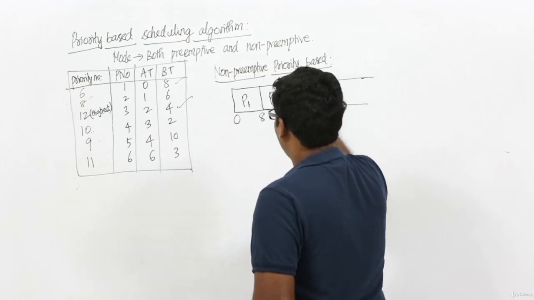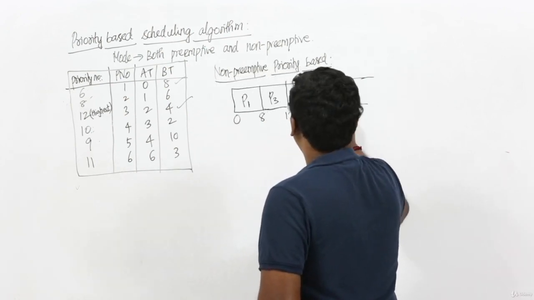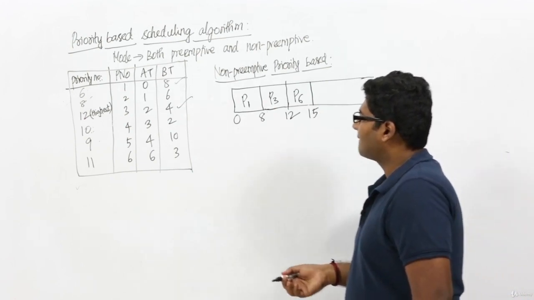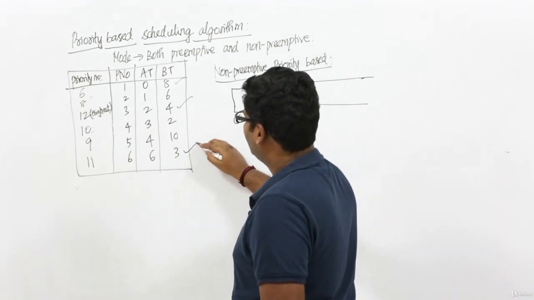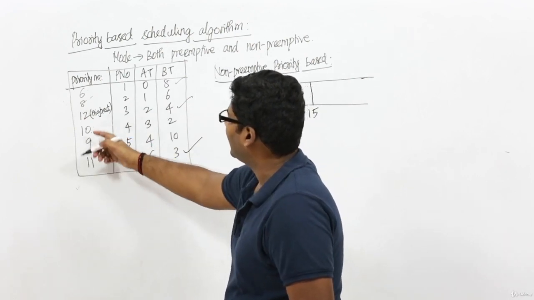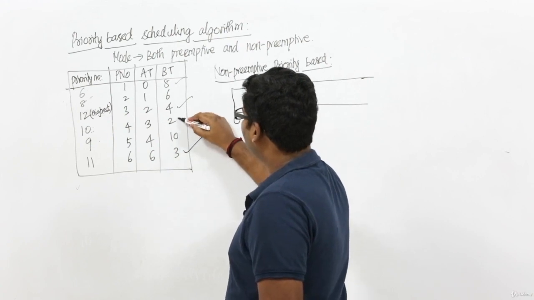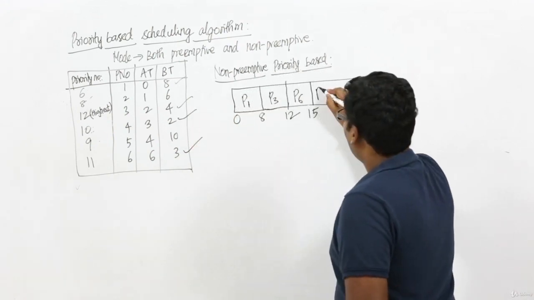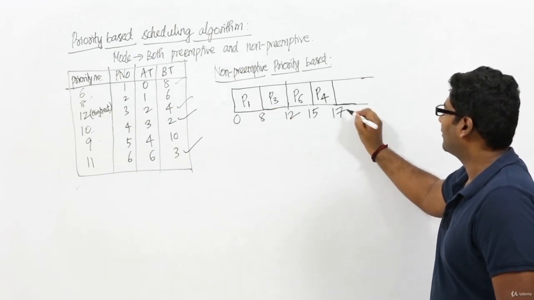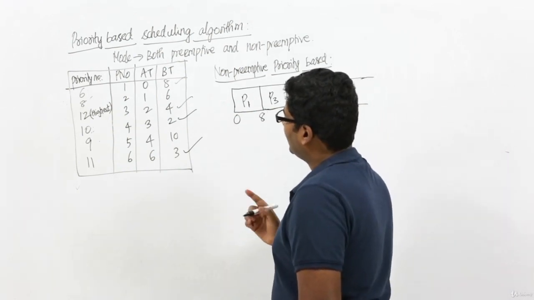So P6 will start and continue till time unit 15. P6 is also done. The next highest priority should be given to P4, because 10 is greater than 9, 6 and 8. So P4 will continue till 17. P4 is also done.